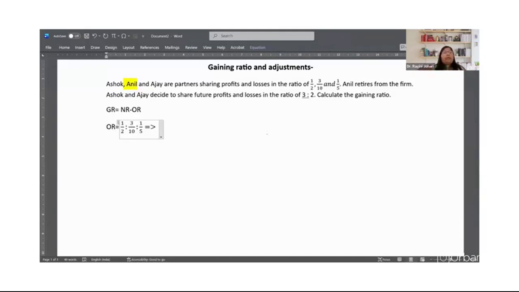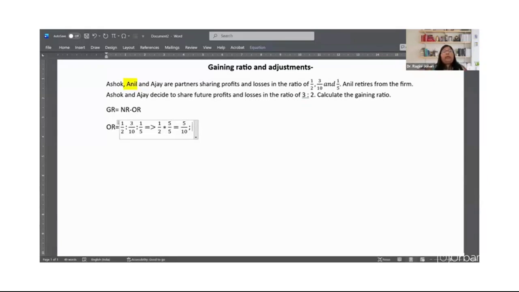So 10 being the highest denominator, we can multiply and divide the first ratio by 5. The second ratio needs no change and the third ratio needs to be multiplied and divided by 2. So this is 1 upon 2 multiplied by 5 upon 5, which gives me 5 upon 10.